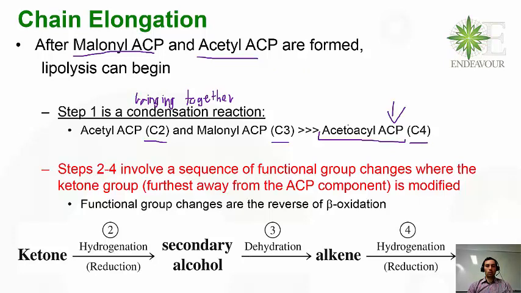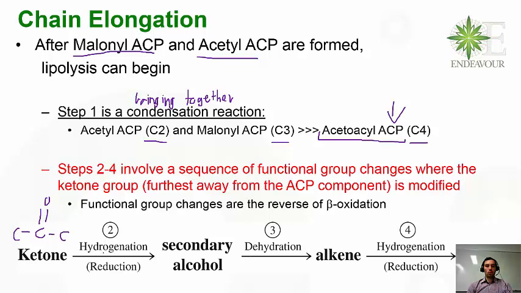And then after we've created the acetoacetyl ACP, then we do the steps 2 to 4, which are basically the reverse of the functional group changes that we see in beta oxidation. So we start off with our ketone group, which is a carbon that is double bonded to oxygen, the carbonyl, and then we're attached to 2 other carbons.